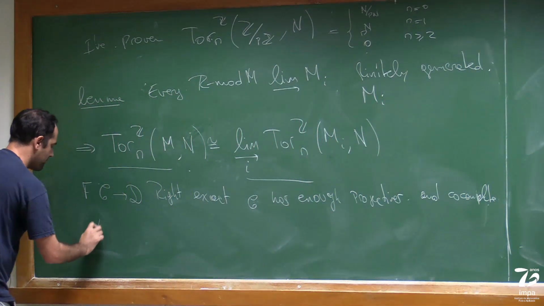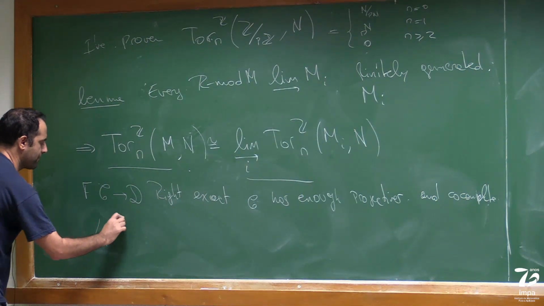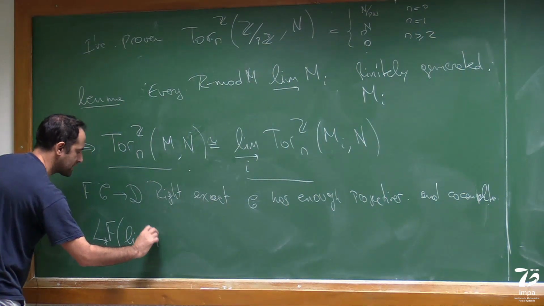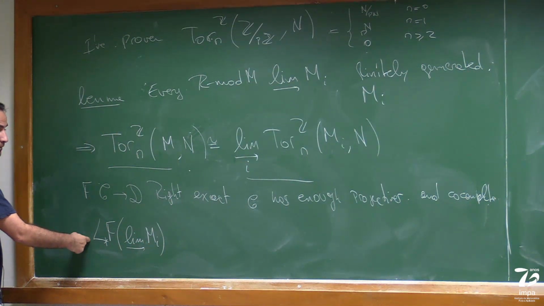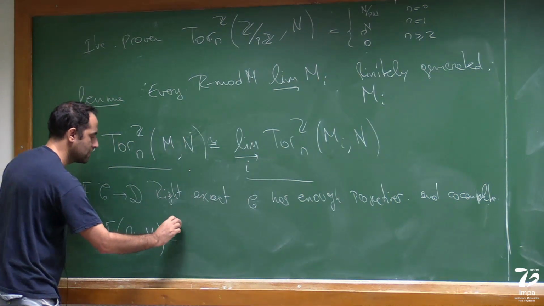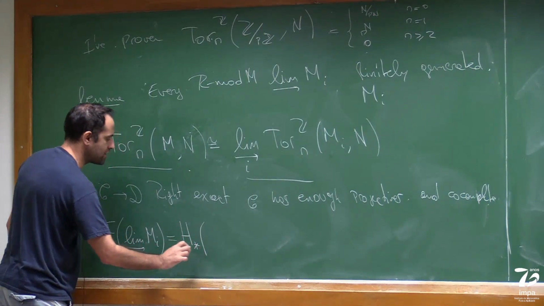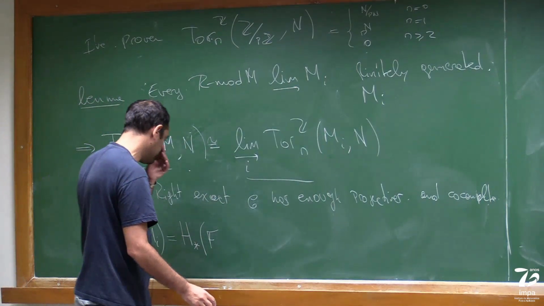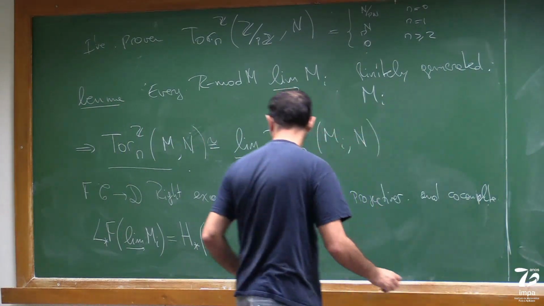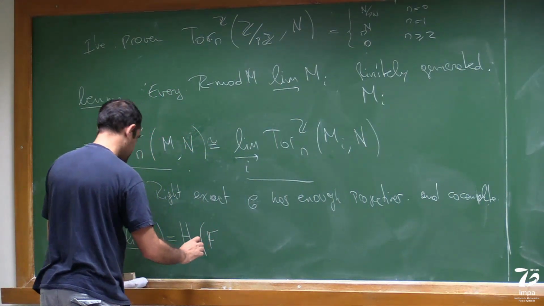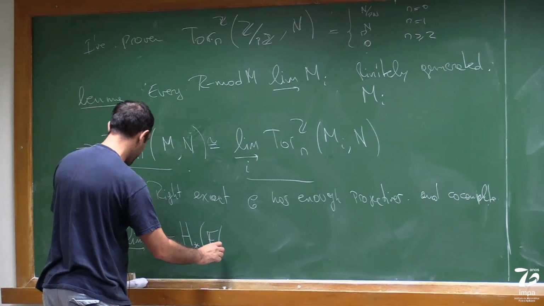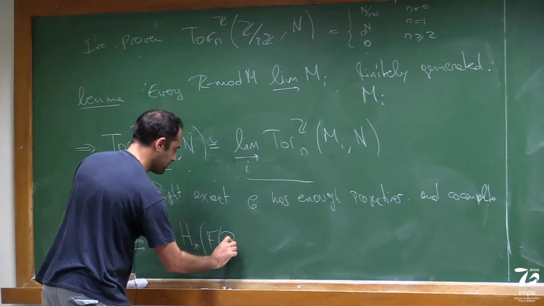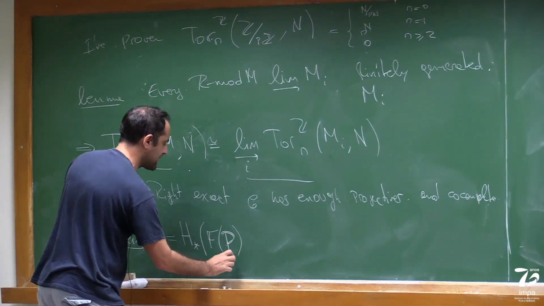Then let's take the left-derived functor of F applied to a colimit of some objects in the category C. So this was defined as the homology of the complex that you get by taking F of a resolution of the M's. But this guy is a resolution of the colimit.